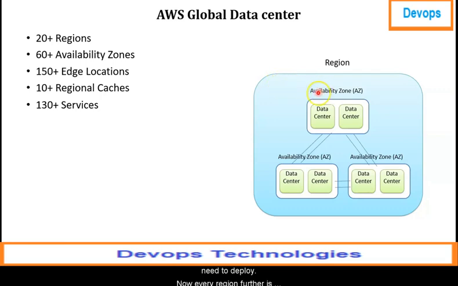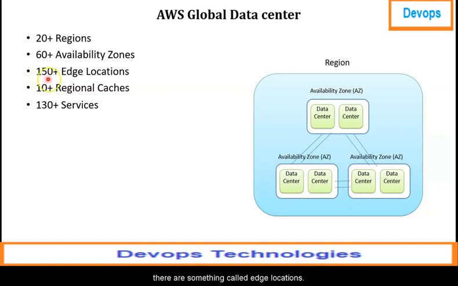Now, every region further is comprised of typically 2 or more data centers for high availability of AWS services, and those data centers are called availability zones. AWS has more than 60 availability zones. We will learn more about it in AWS Global Data Centers.